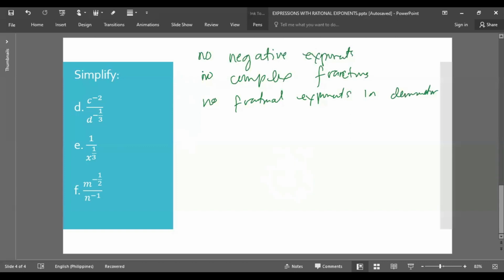Again, masasabi natin na ang isang expression ay nasa simplest form na kung wala ng negative na exponents, kung wala ng complex fractions, or yung masyadong maraming fractions, and kung walang fractional exponents sa denominator. So, wala dapat exponent sa denominator na fraction. Okay, take note of this.